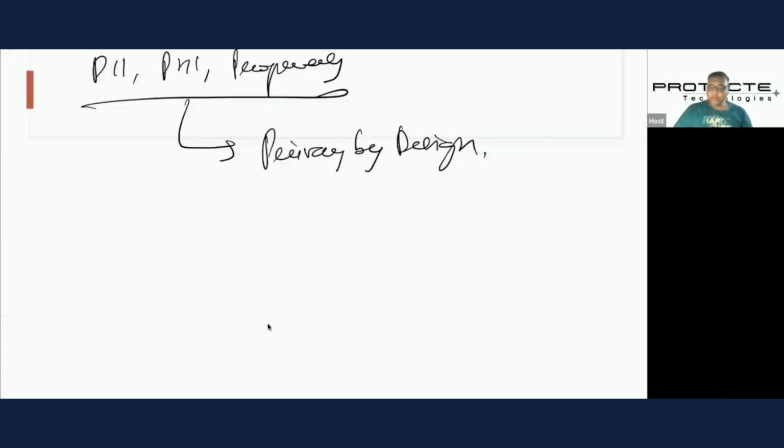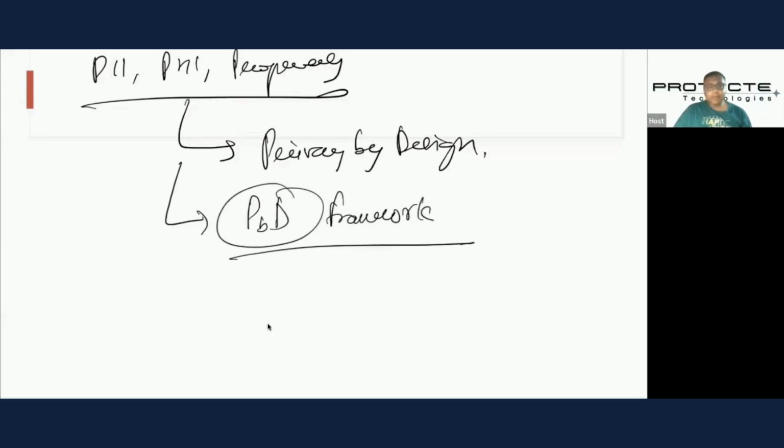Such philosophy is taken from a concept called PBD, the Privacy by Design framework. If you refer to the PBD framework, you can incorporate privacy aspects into your system building right from the design stage, and you're not doing a patchwork once your system is ready.